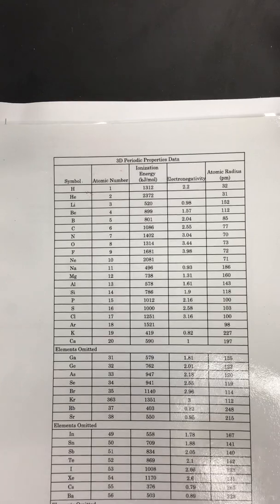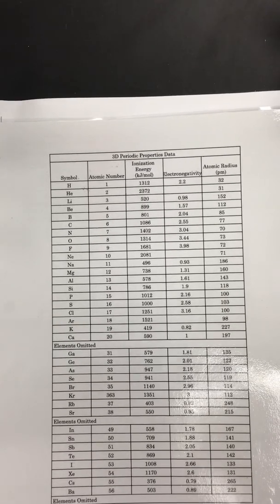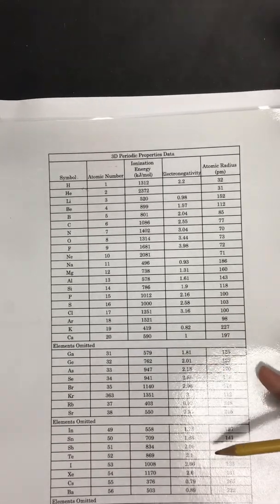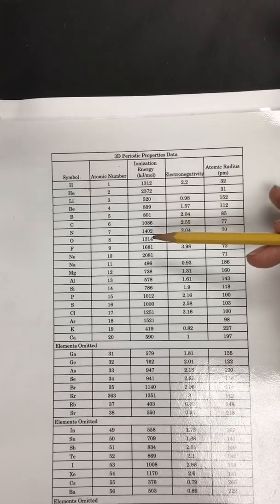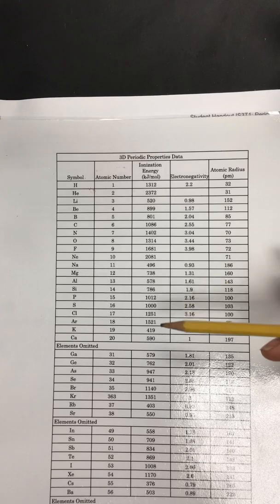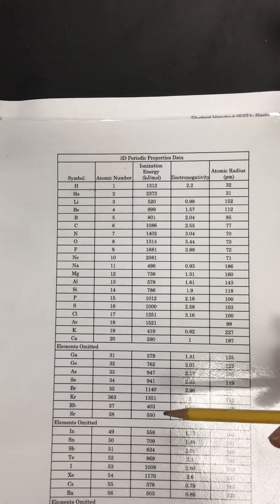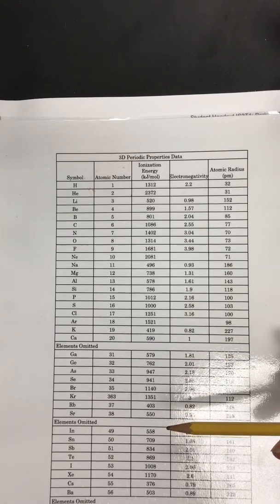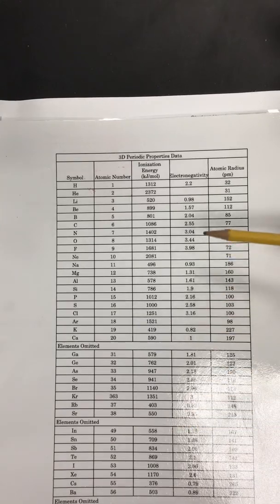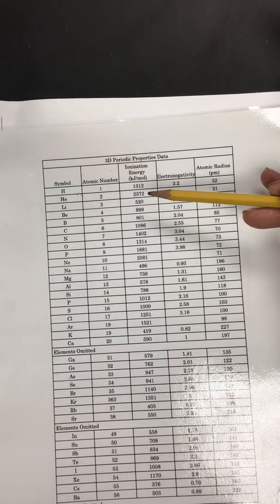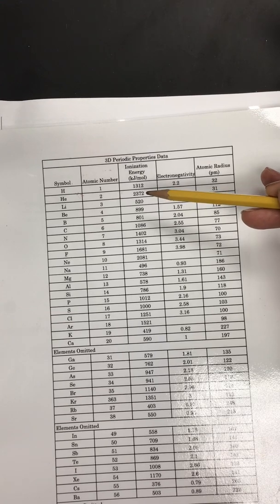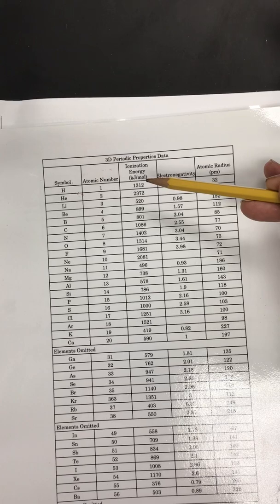So for the example, I'm going to be walking you through how to do this with ionization energy. So if we look through each of these numbers, we can find the max value, and remember that it does go on to the backside. For ionization energy, the max value is right near the top, which is why I chose to do this one as the example. So this number, 2372, the units are kilojoules per mole.